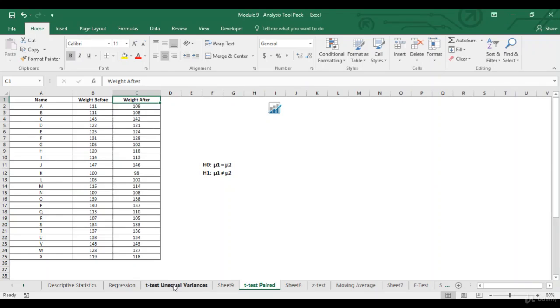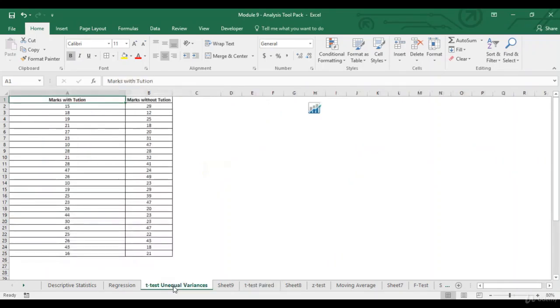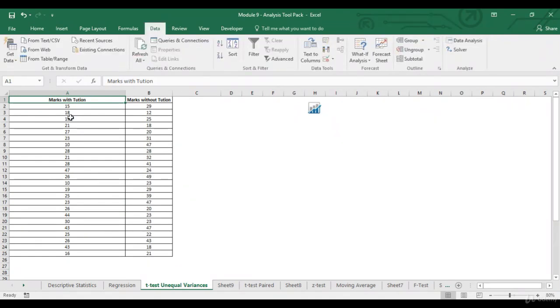Let's look at the second t-test with unequal variances or where the variances are not known. So we've got 24 students over here, their marks with tuition and marks without tuition. And these students are independent of each other, so they are not the same students.